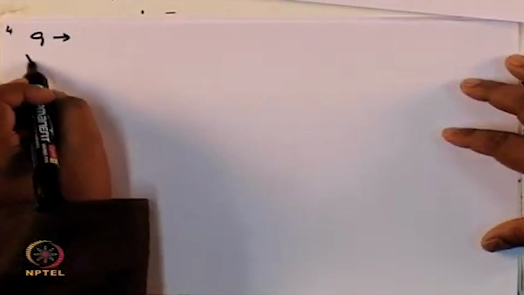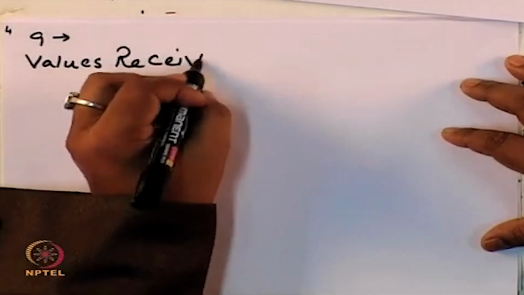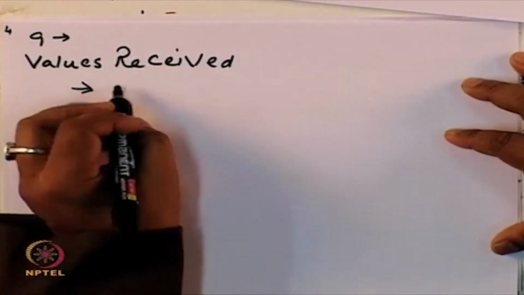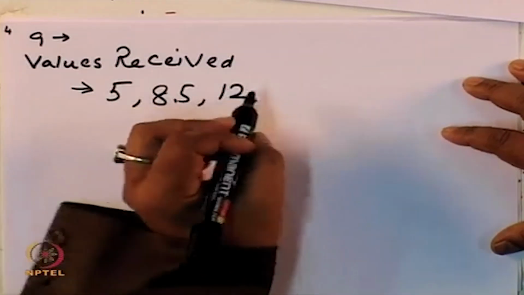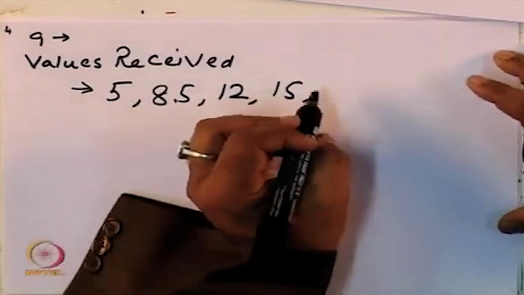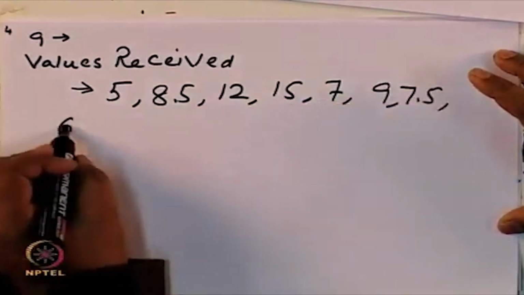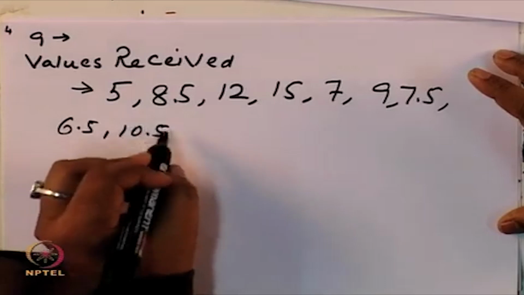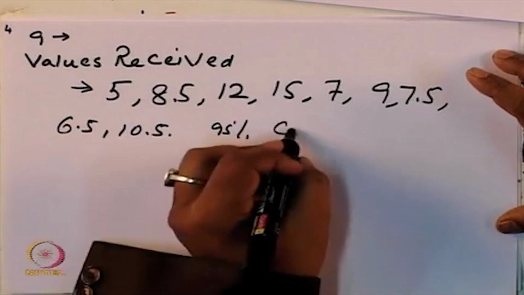The values received are as follows: 5, 8.5, 12, 15, 7, 9, 7.5, 6.5 and 10.5. We want to find out the 95% confidence interval.